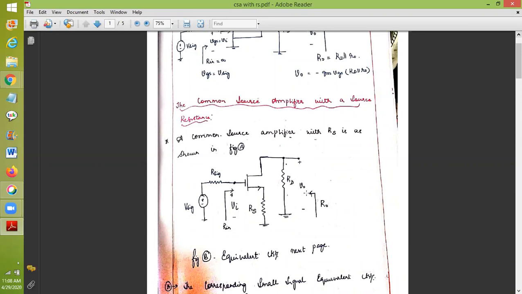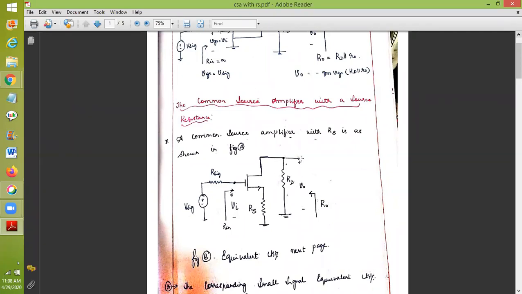Voltage is given by current into resistance, V is equal to I into R. Here V is nothing but the output voltage V0. So V0 is equal to I into R, and R is nothing but RD, since the current is flowing at the output part of the circuitry through the drain resistance RD. So V0 is equal to ID into RD.